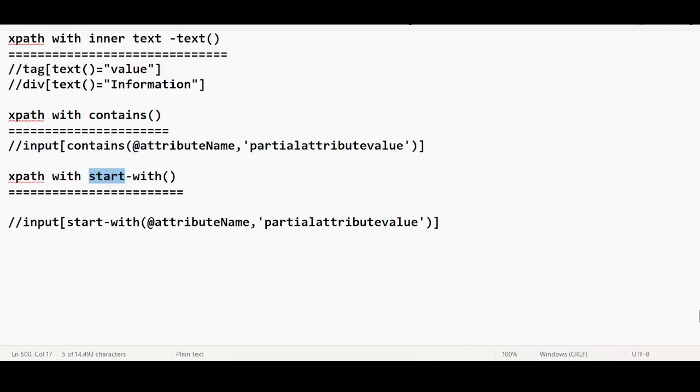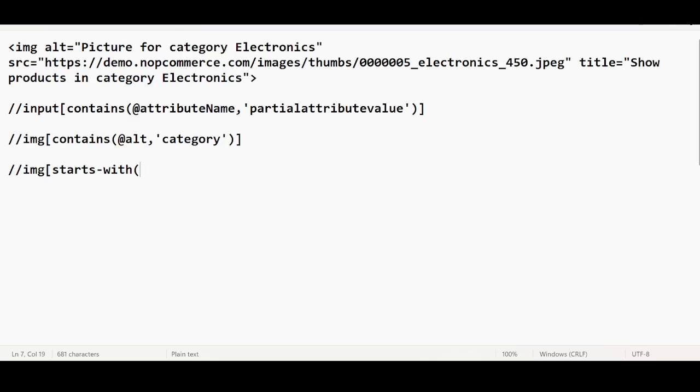Instead of category, you have to use the first one. If you use the other one, the element will not get located, because the starts-with method is meant to locate an attribute value, and you should give the exact starting characters.